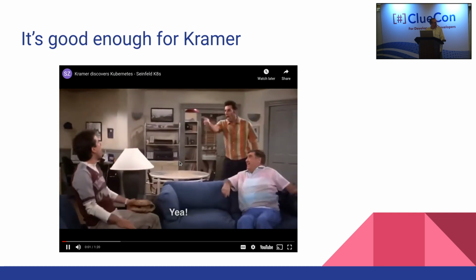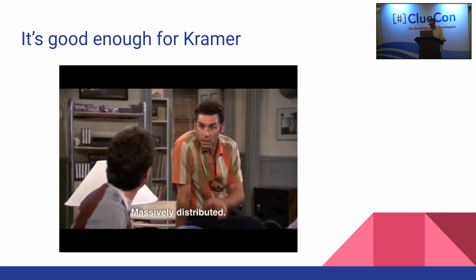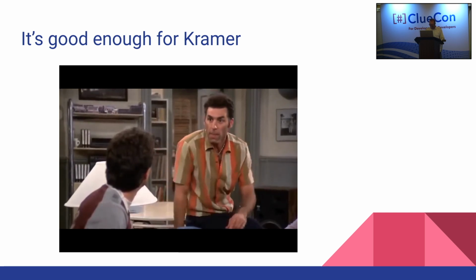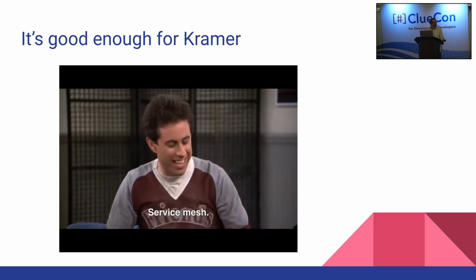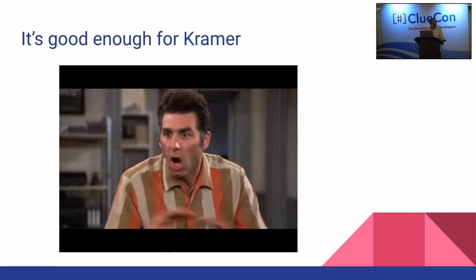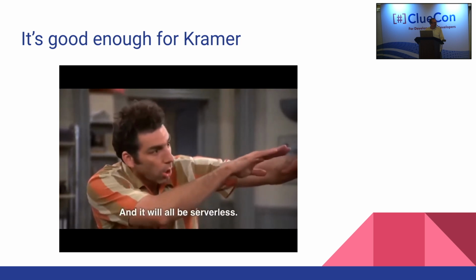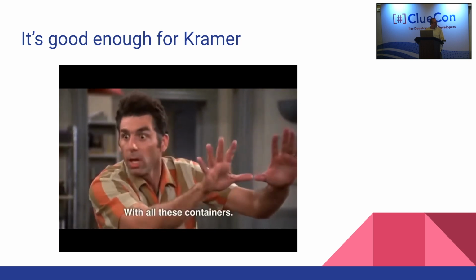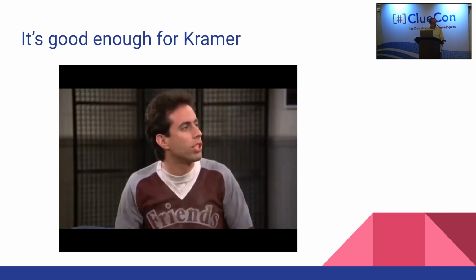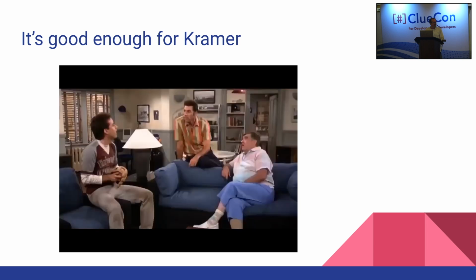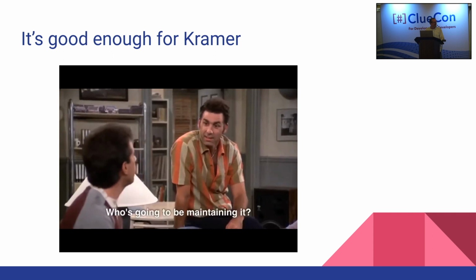Figured out your infrastructure? Yeah. So what's your plan? I decided to use Kubernetes. Massively distributed. Whole new approach. What are you doing? Service mesh. Yeah, I'm getting rid of all my servers. All of them. And I'm going to build this multi-tiered service mesh. With APIs. And it will all be serverless. With all these containers. You know, like Kelsey Hightower demos. You have a team for this? No, it's just me. I don't see why you need Kubernetes. The site needs to be 5.9 available. Who's going to be maintaining it?